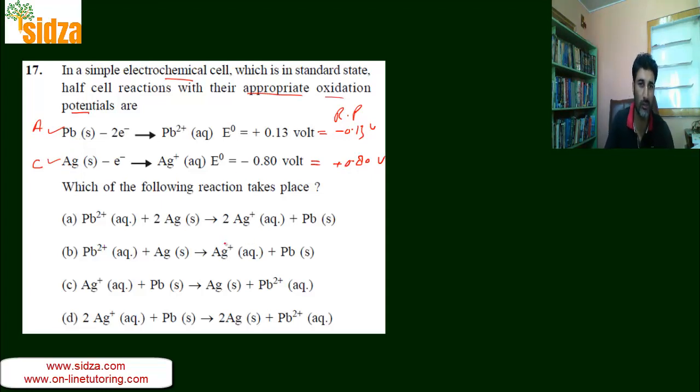Silver will be reduced, it will act as a cathode, and the lead will act as an anode here. So option C is the correct one. The lead is being oxidized, this is oxidation, and the silver is being reduced, so this is reduction. This is the cathode.